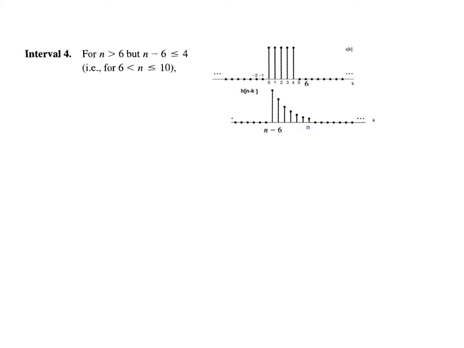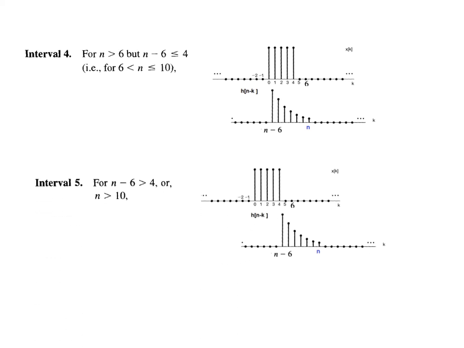So this will continue till this crosses this limit. So n minus 6 crosses 4. So this is the fourth interval, and we can write it that n is between 6 and somewhere 10. So this will move out of this. So this is the fourth scenario.